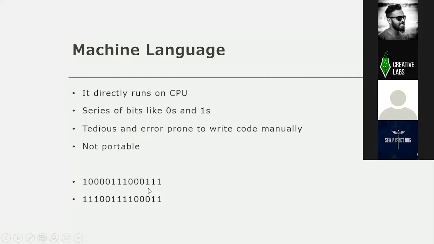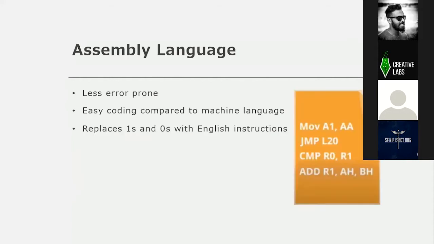So that was the very first language, which is called machine language, and then they introduced something called assembly language. This is basically less error prone, right?